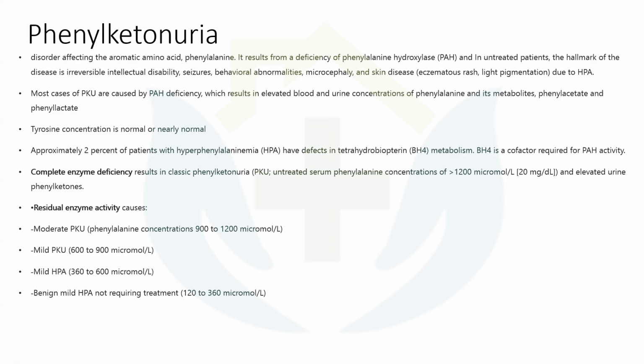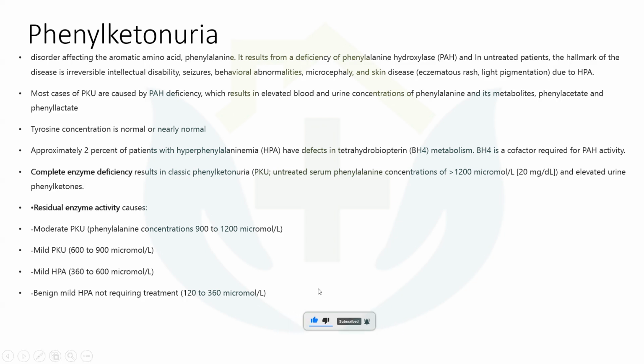So whether it is the enzyme deficiency or the cofactor deficiency, there will be a defect in the metabolism of phenylalanine, and ultimately phenylalanine and its metabolites will be increased, secreted in the urine, and elevated in the plasma. With enzyme deficiency, there are variable degrees.